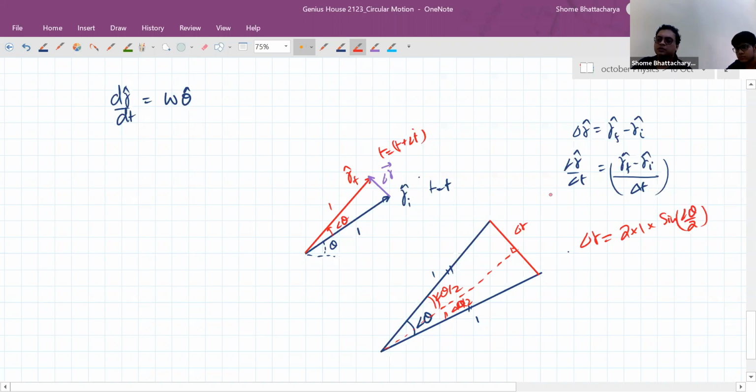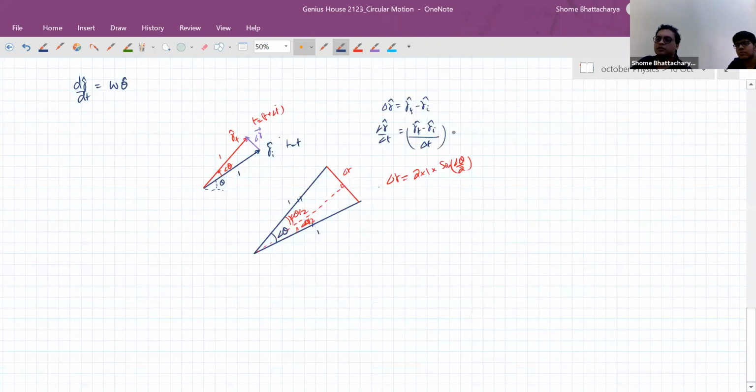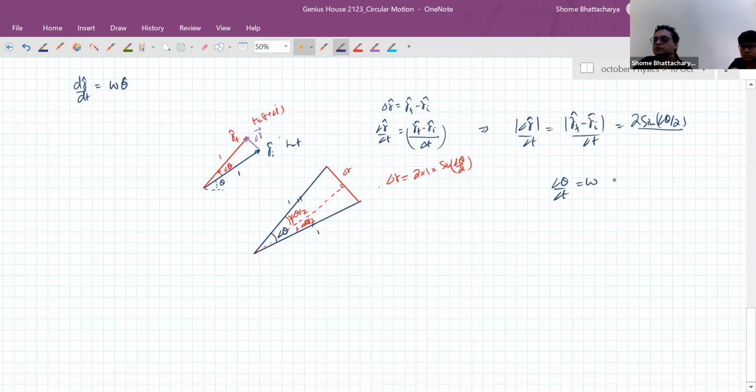Correct? So when I talk about the magnitude, mod of delta r cap by delta t, it will be mod of r final cap minus r initial cap divided by delta t. So that mod is becoming 2 sine delta theta by 2. Further, in the denominator, delta theta by delta t was omega, no?